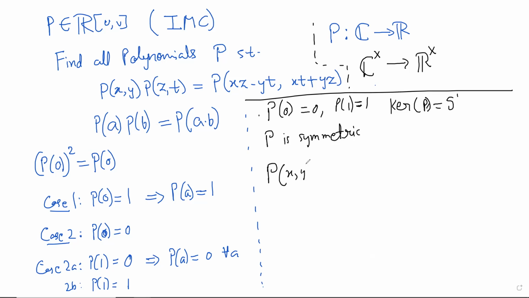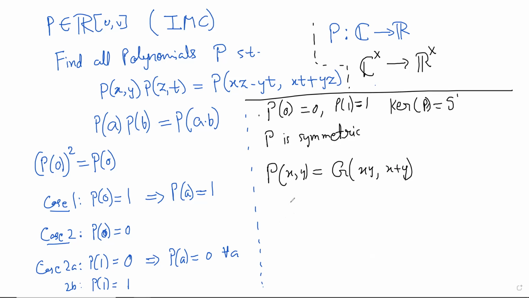P of x comma y is equal to G of x, y. Right.